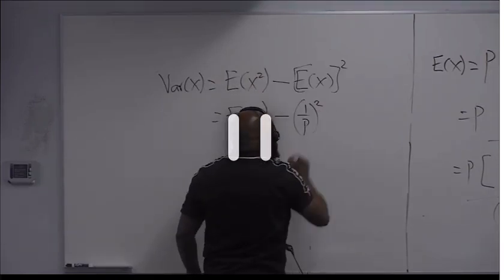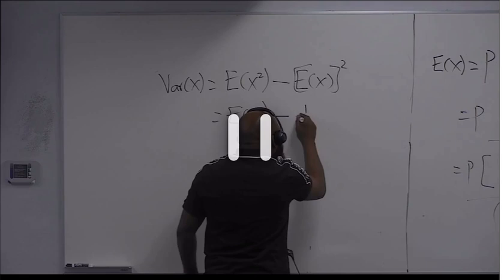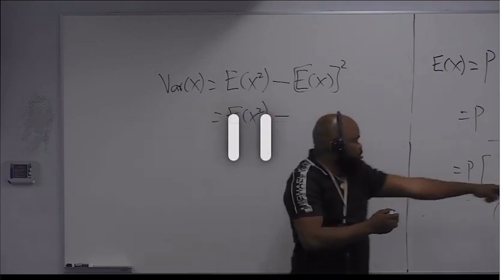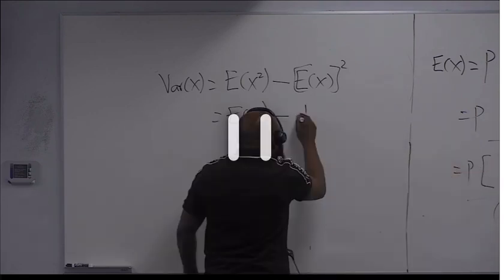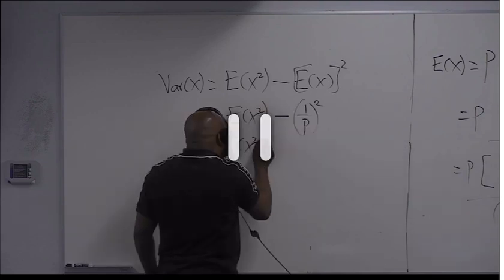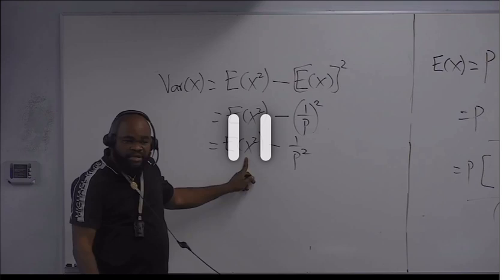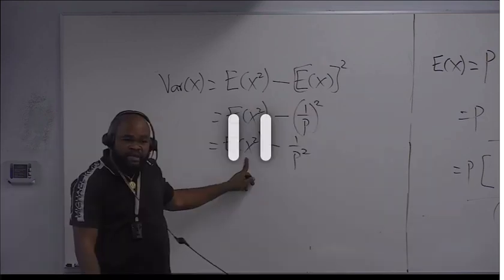The expected value of S is 1 over P, so 1 over P all squared, which is 1 over P squared. So I need to find the expected value of S squared.